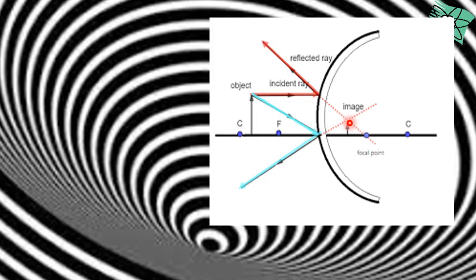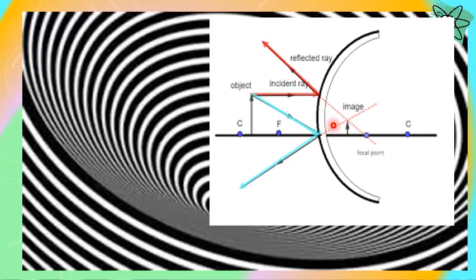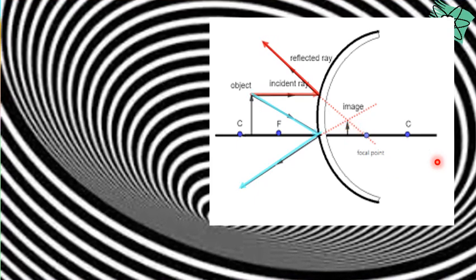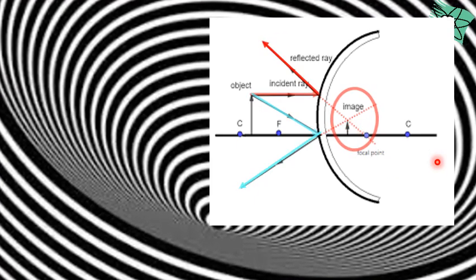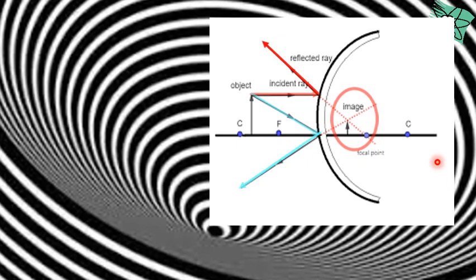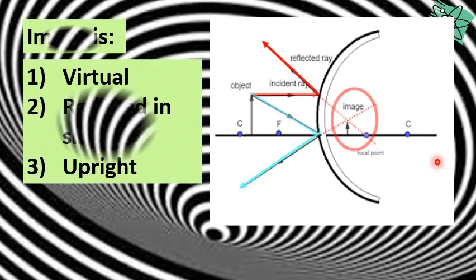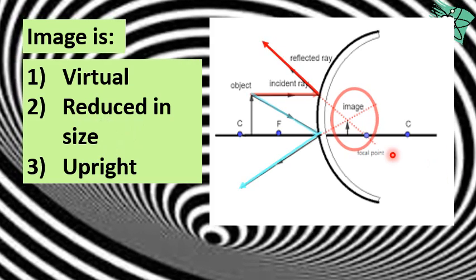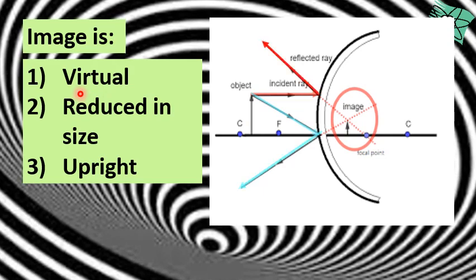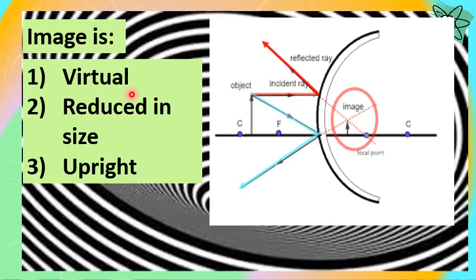That is where the image of this object is formed by the convex mirror. So obviously it is reduced in size, since it is formed behind the convex mirror. It is termed a virtual image.